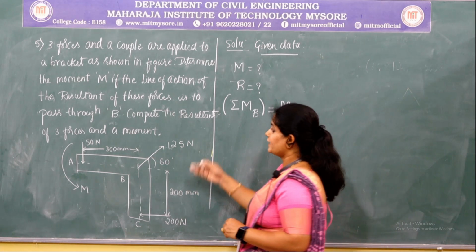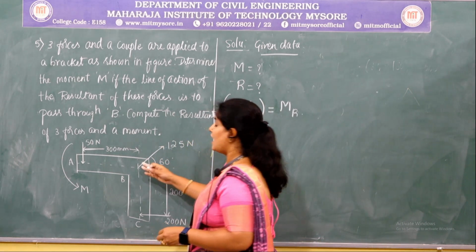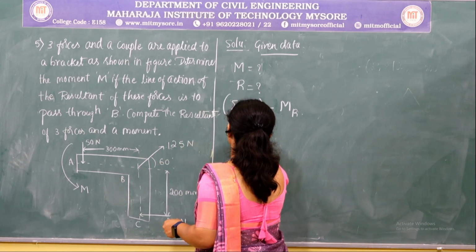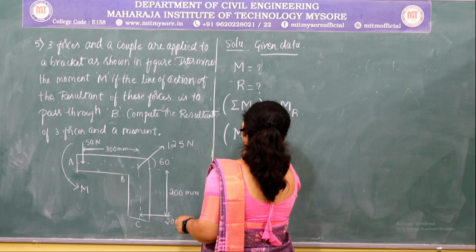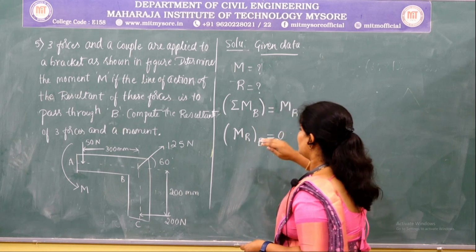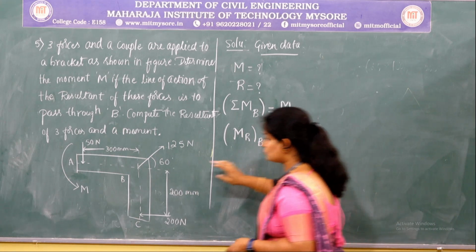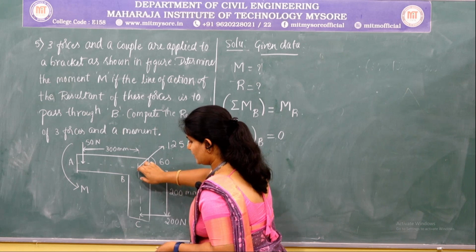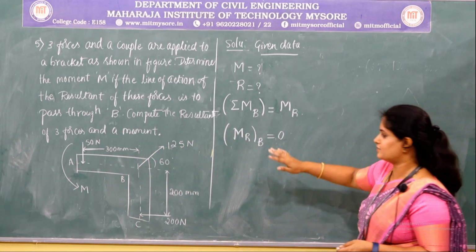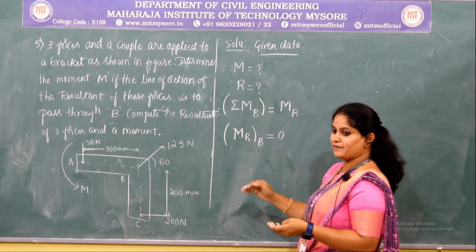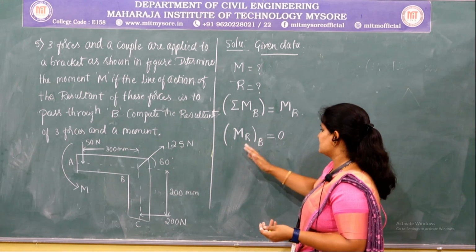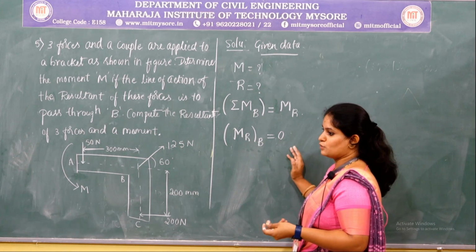And if the line of action of the resultant is passing through point B, then the moment of the resultant about point B is equal to 0, because the resultant is passing through point B. Since the line of action of the resultant and the point are the same, that value will be equal to 0.